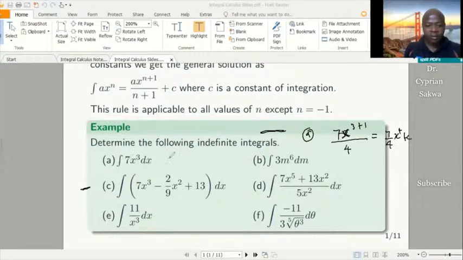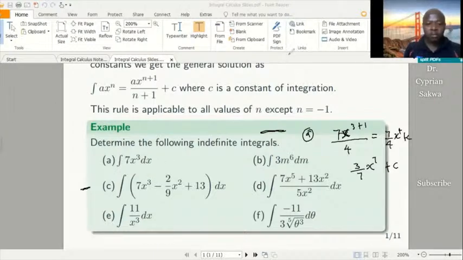So the first one is very easy. The second one is also very easy. Then we just add 1 to the power, so the solution becomes 3 over 7, x raised to 7, because 6 plus 1 gives me 7. So that is why I get x raised to 7 and divided by that new power. The same to this is also very easy. We're just adding 1 to the power.